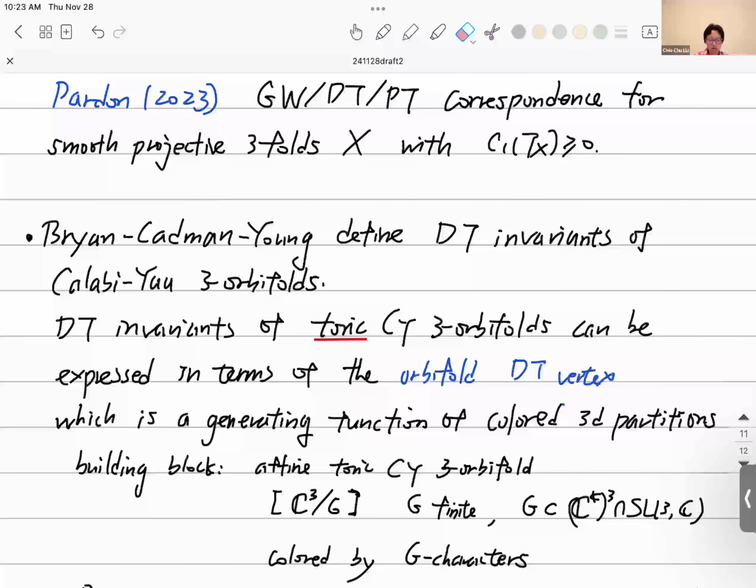So the 3D partitions, which correspond to monomial ideals, are colored by G-characters. The orbifold DT vertex is a generating function of colored 3D partitions.